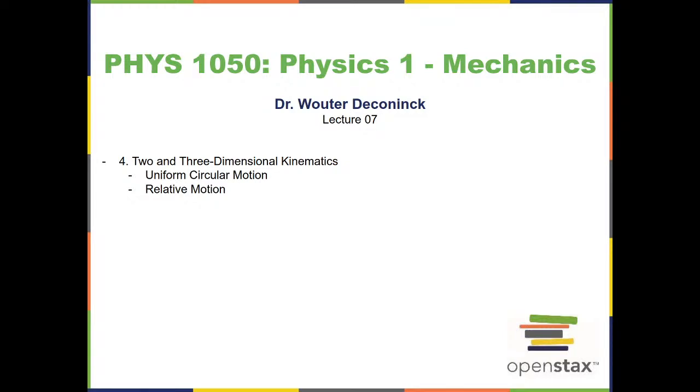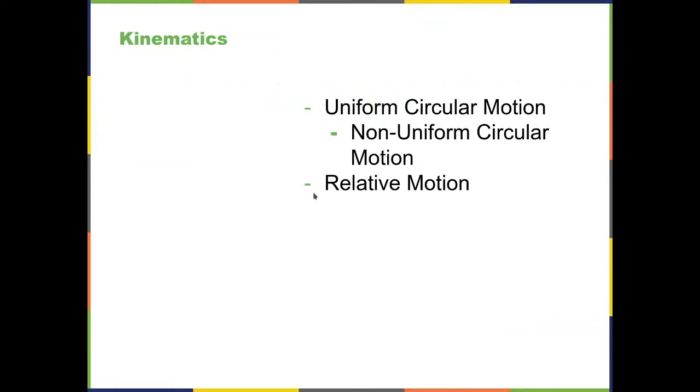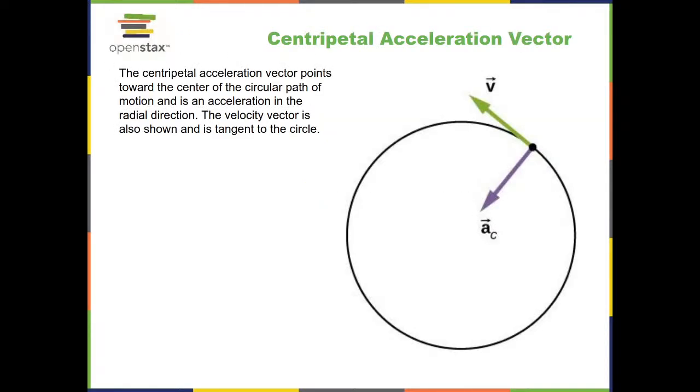So let's remind ourselves what we did with uniform circular motion last time. Okay, this is just a repeat. So what we did with the uniform circular motion was we introduced this centripetal acceleration. The centripetal acceleration being the acceleration that, in uniform circular motion, which has constant speed, points to the center of the circle that describes the motion.